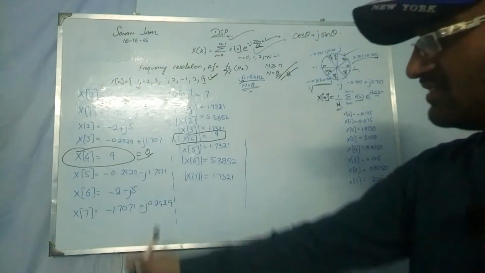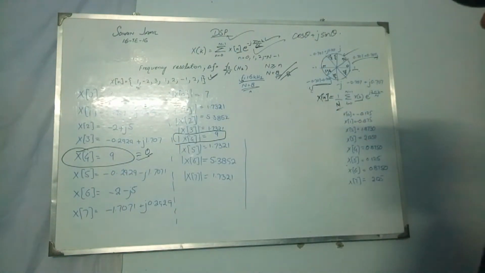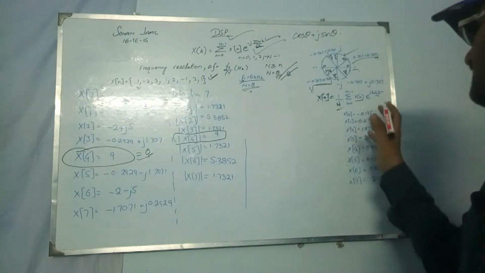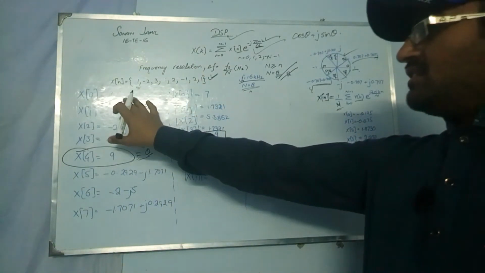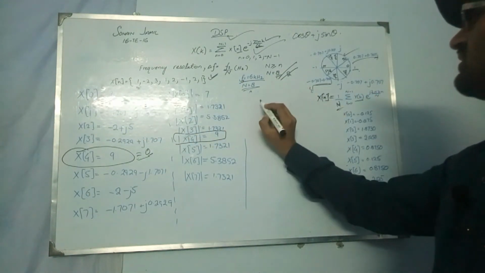So if I have this sequence in frequency domain, what will be the signal in time domain? Just substitute or use this formula.